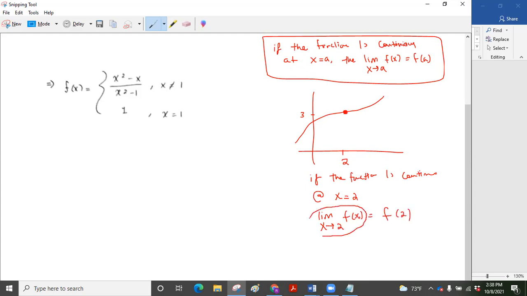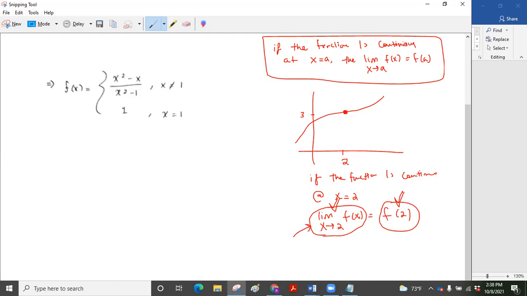So if I take the limit as x approaches 2 of f of x, and then I plug in 2 into the function, then the value that I get if I plug in 2 should equal the value that I get for the limit as x approaches 2.